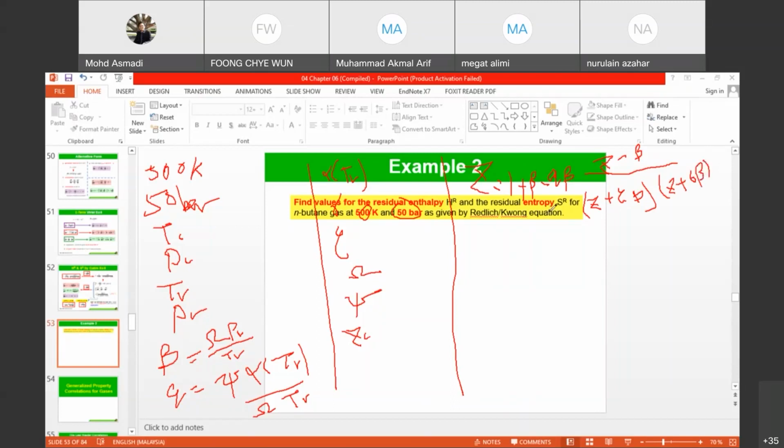Okay, so start with Z equal to 1. Please calculate Z. I want to know. This one you learned already.